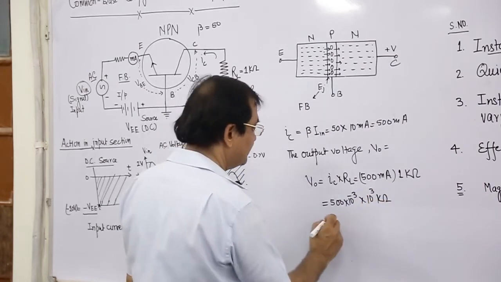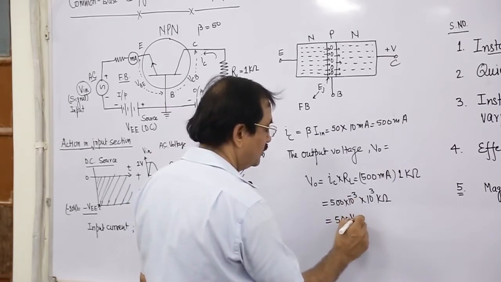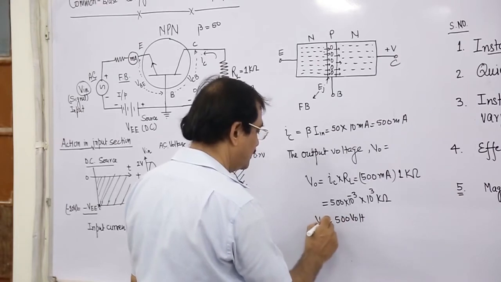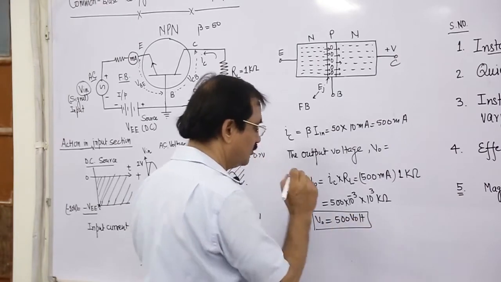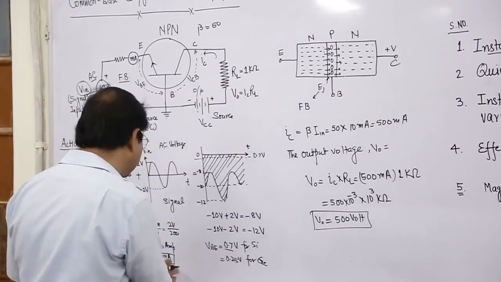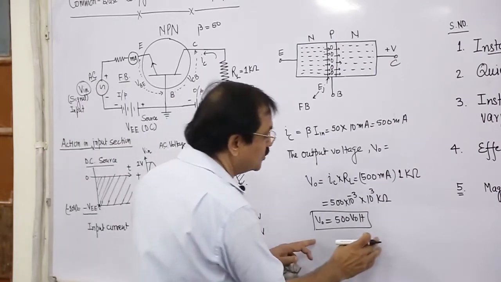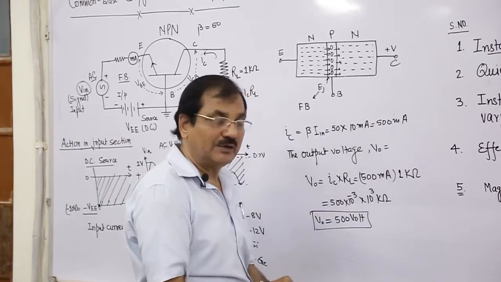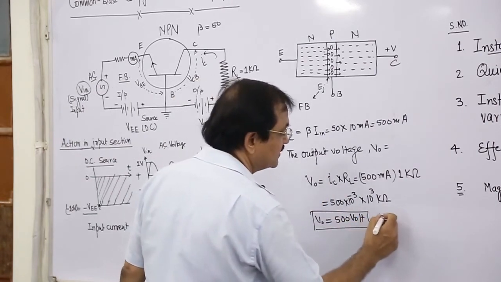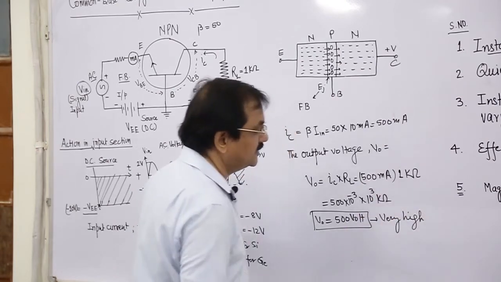So this cancels, and V_0, the output voltage, is 500 volt. So if there is a 10 milliampere input current, the corresponding output value is very high.